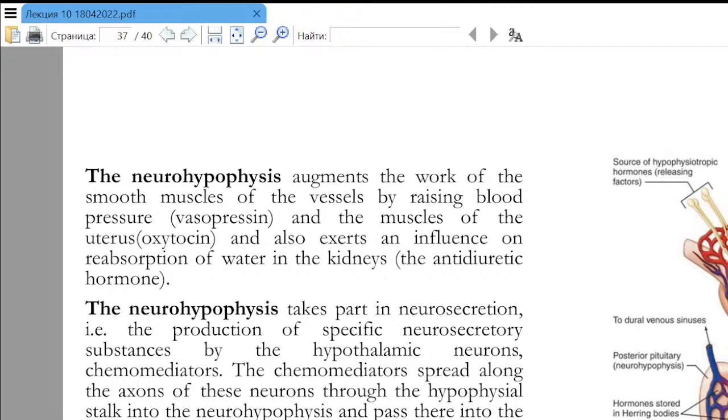This is explained by the common origin of the hypothalamus and the hypophysis and the constructive connection through the hypophyseal stalk.